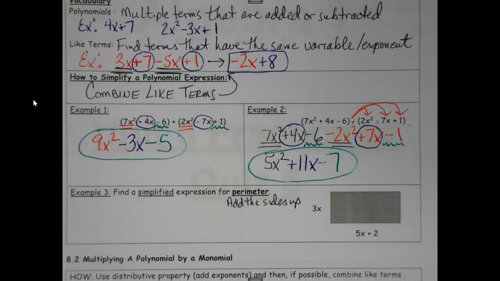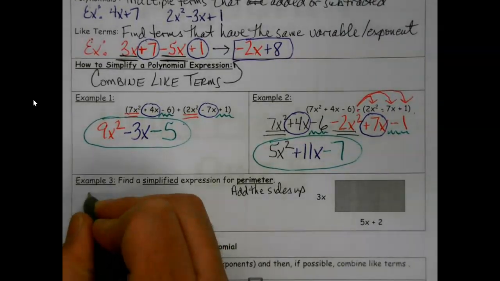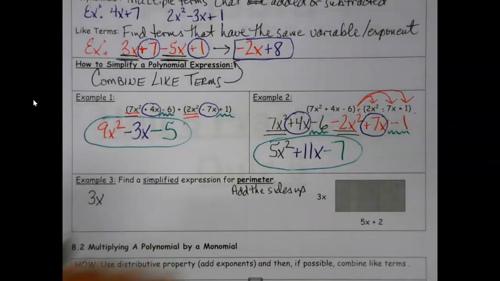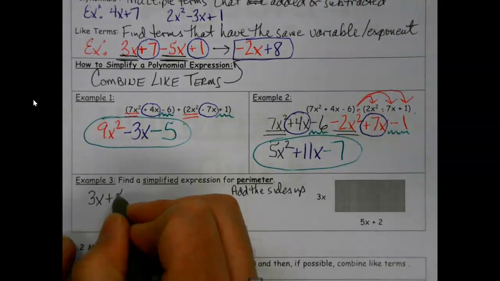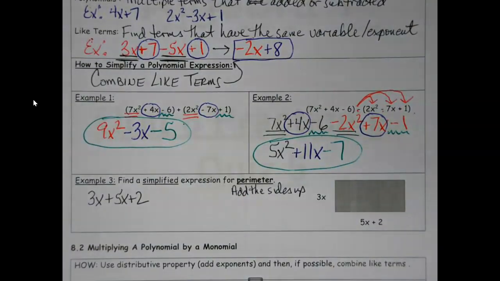You're right. But here's my question. I'm gonna play devil's advocate here. If I'm just looking at this, and I'm going, okay, so 3x, we're adding up the sides, plus 5x plus 2. If I add those up, that's not 16x plus 4. So what's the deal?